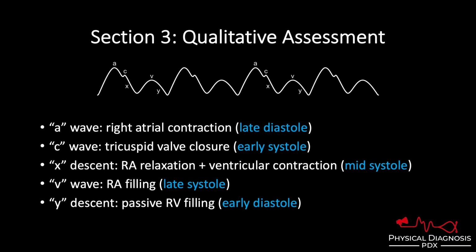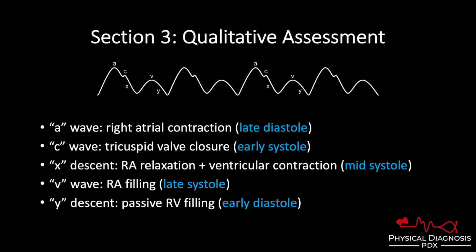Now we're in late systole, and the atrium just relaxed. Why did it relax? Well, it relaxed because it needs to fill with blood again, so this whole thing can start back over. So when the RA begins to fill with blood, volume implies pressure, and as volume and pressure go up, you get the V wave. Now we're done with systole.